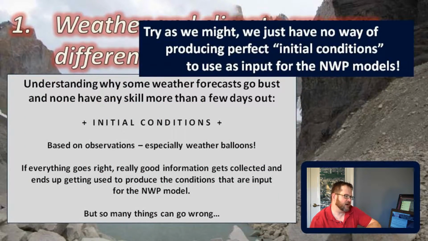See, understanding why weather forecasts for numerical weather prediction applications sometimes go bust 24 hours into the future, 36 hours in the future, etc., it's because of problems with these so-called initial conditions. This, again, was explained in more detail in those 100-level lectures, but just so we're reviewing the key points here.